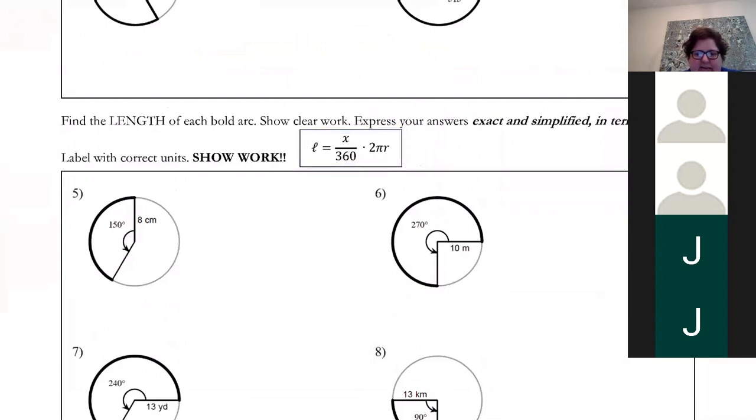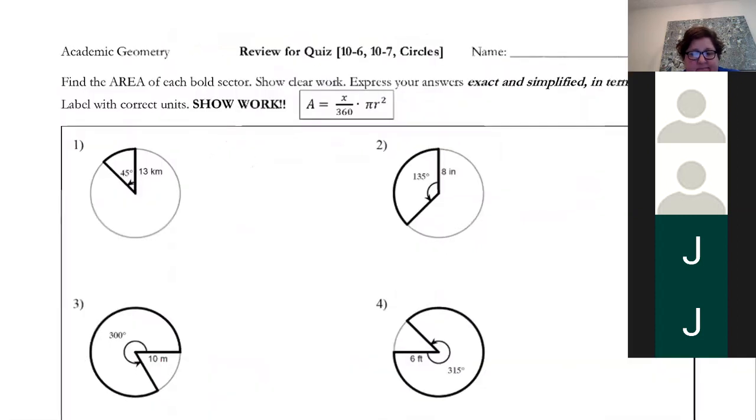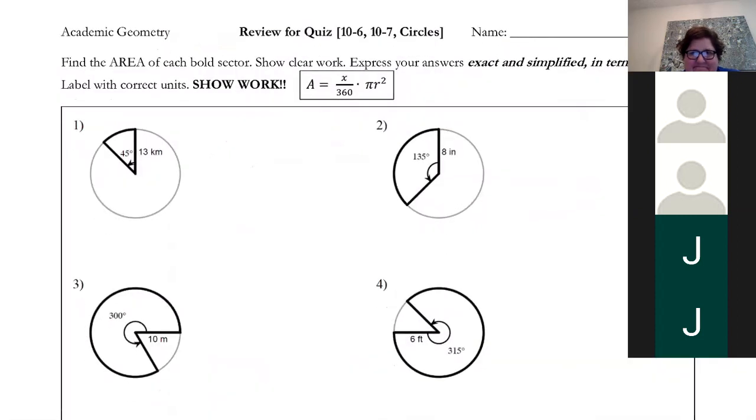Okay. Exact and simplified means you're going to leave pi in your answer. So don't round it off to a decimal, leave a number with pi in your answer. Make sure that you're giving the correct units on those. No other questions?